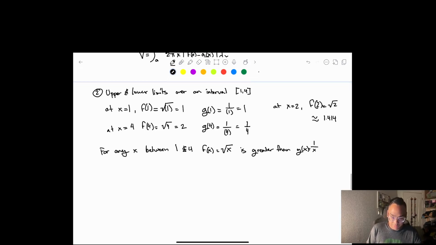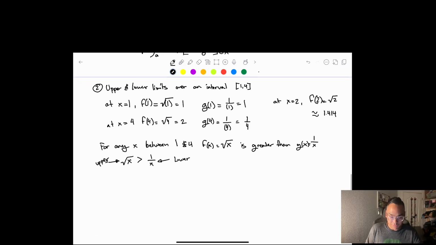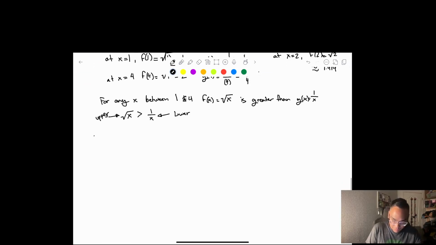So basically the upper is f of x and the lower is going to be g of x. This is important because after this we have to set up the integrand.